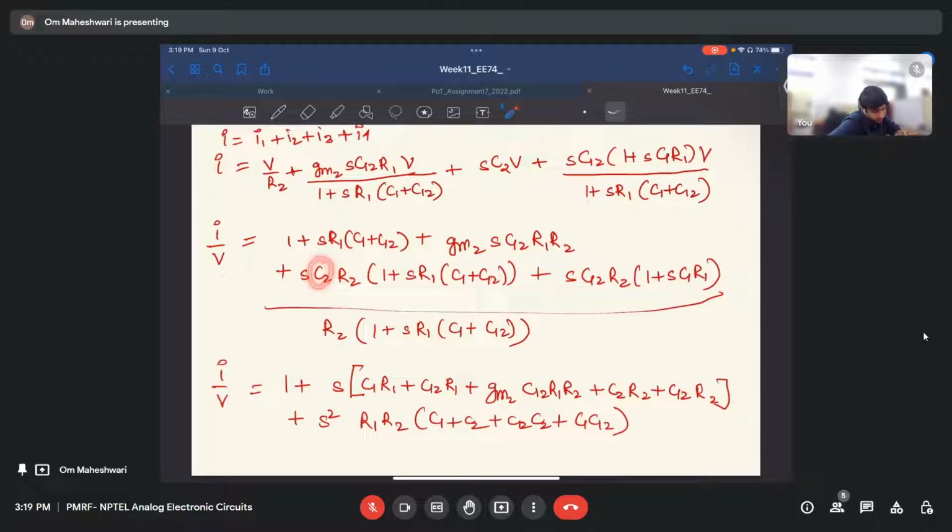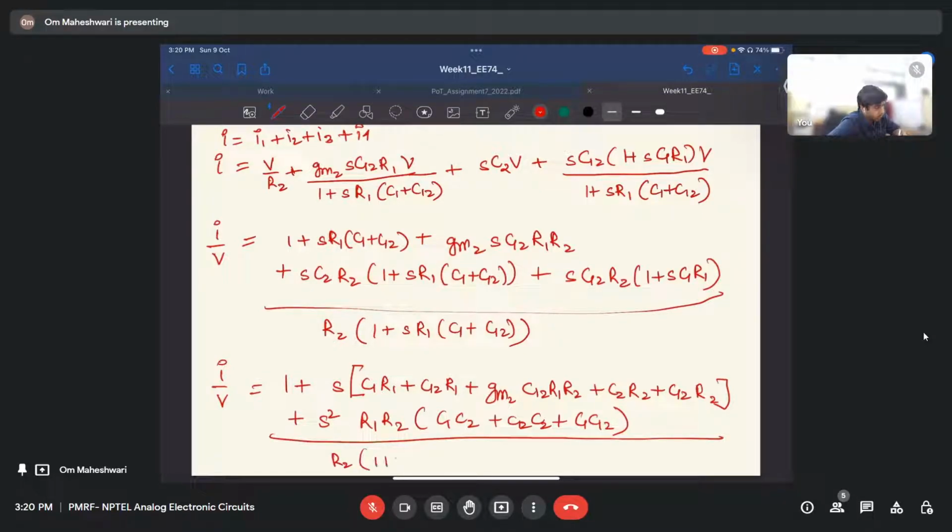Here it will be C1 C2, then C12 and C2, then C12 and C1. So here we are getting this, and R1 and R2 are common in both. So this is the term. Now the denominator remains the same.